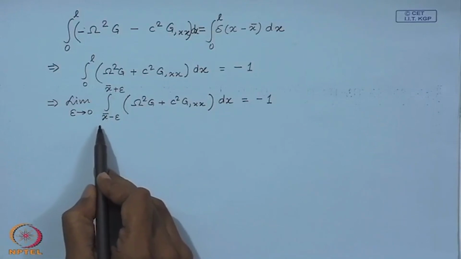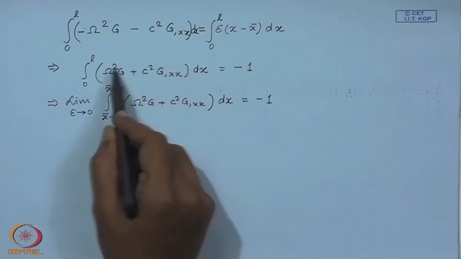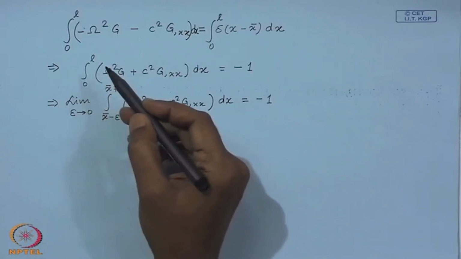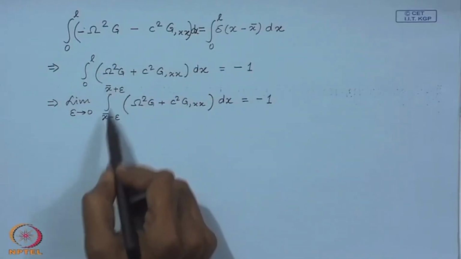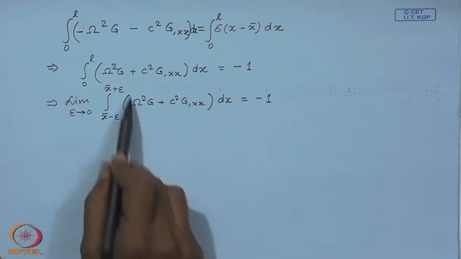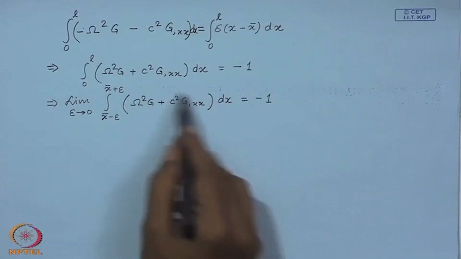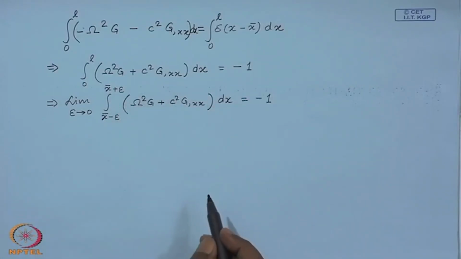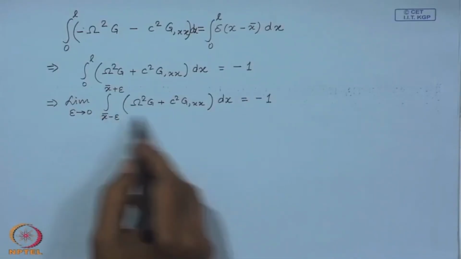From 0 to x bar minus epsilon, this integrand is 0, and from x bar plus epsilon to L, this integrand is again 0. It is only in a small region around x equal to x bar that this integrand is non-zero. So, that is what we are interested in finding now.